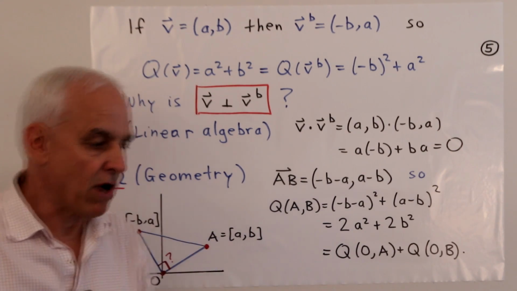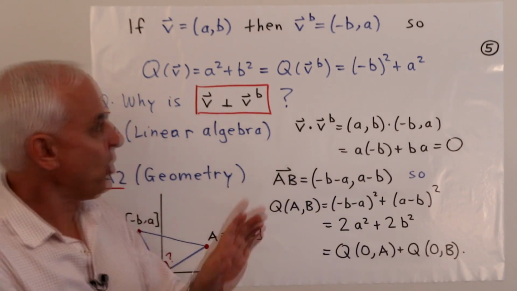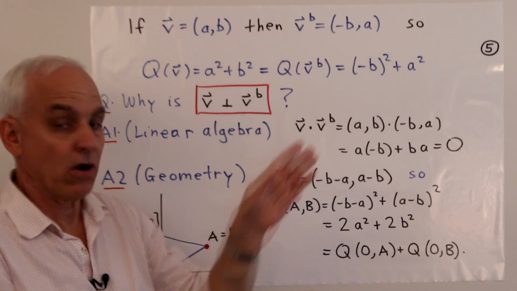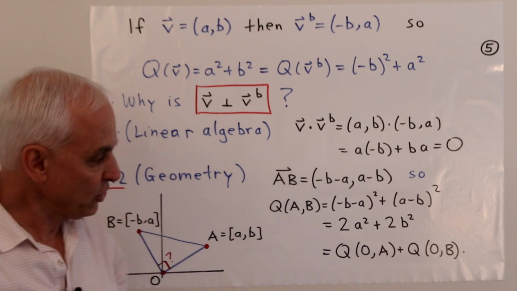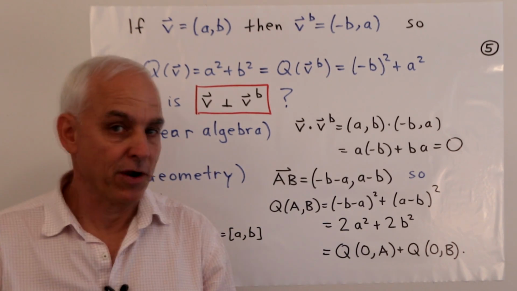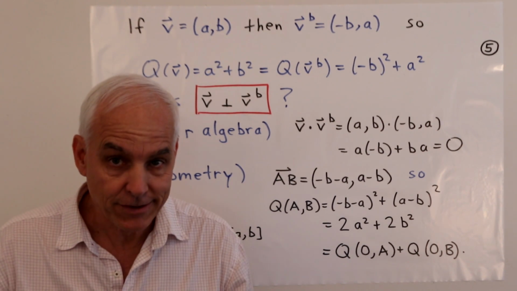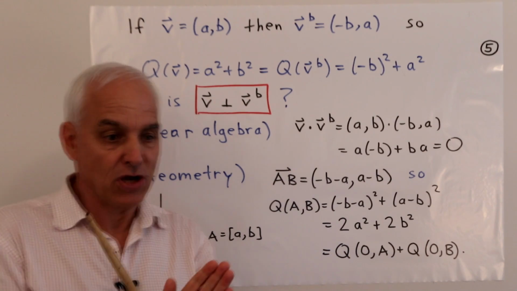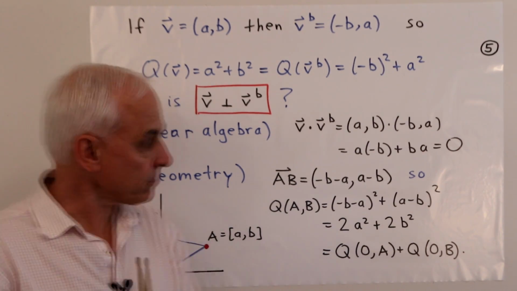What's maybe not so obvious is, how do we know that they're actually perpendicular? How do we know that this vector and this vector are always perpendicular? Well, there's two answers that we could give. One is through a little bit of linear algebra. So if you've done some linear algebra and you know about a dot product, you'll know that two vectors are perpendicular precisely when their dot product is 0.